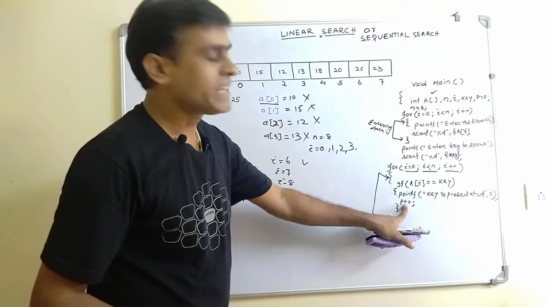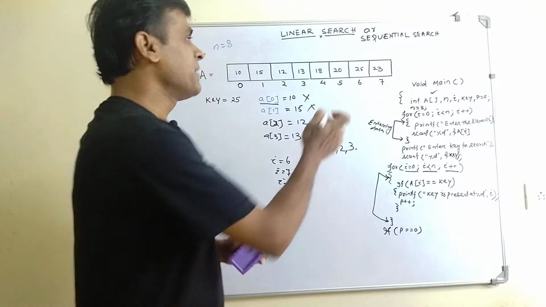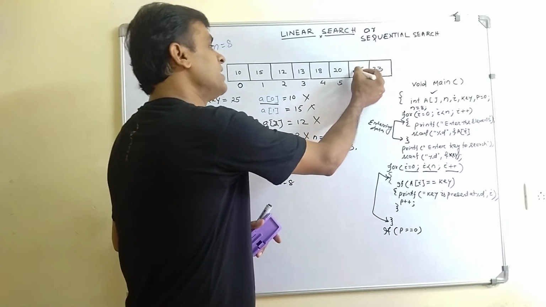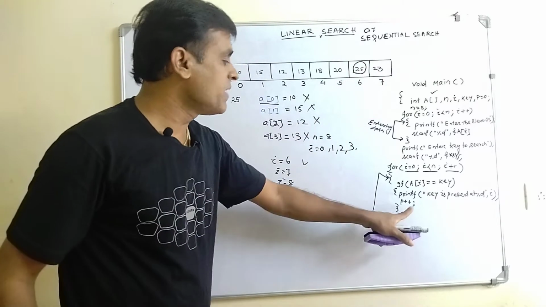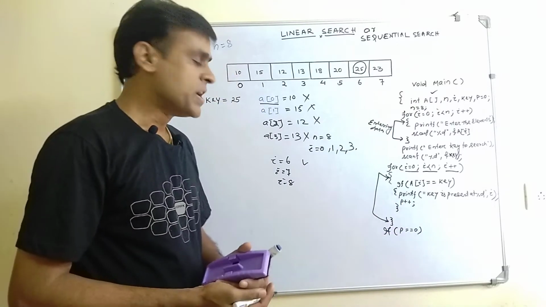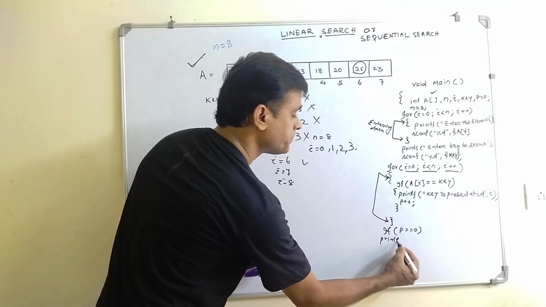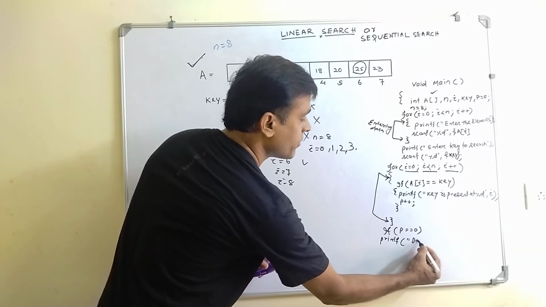But if p is incremented, how many times will p increment? That many times the key value is present. Here 25 is present once, so the p value will be incremented only by 1, so p will be 1. So if p is 0, you can write printf data not found.